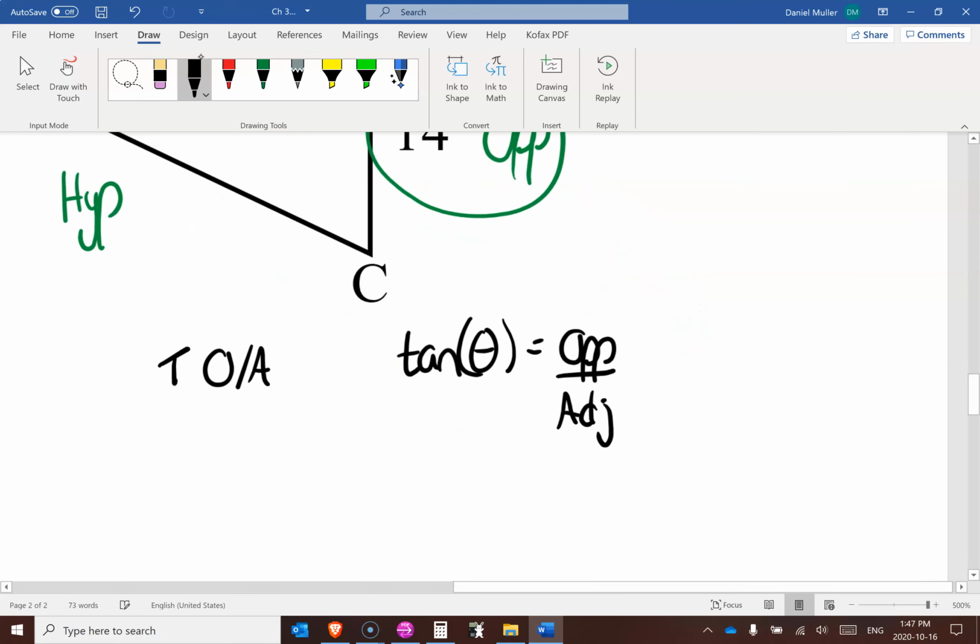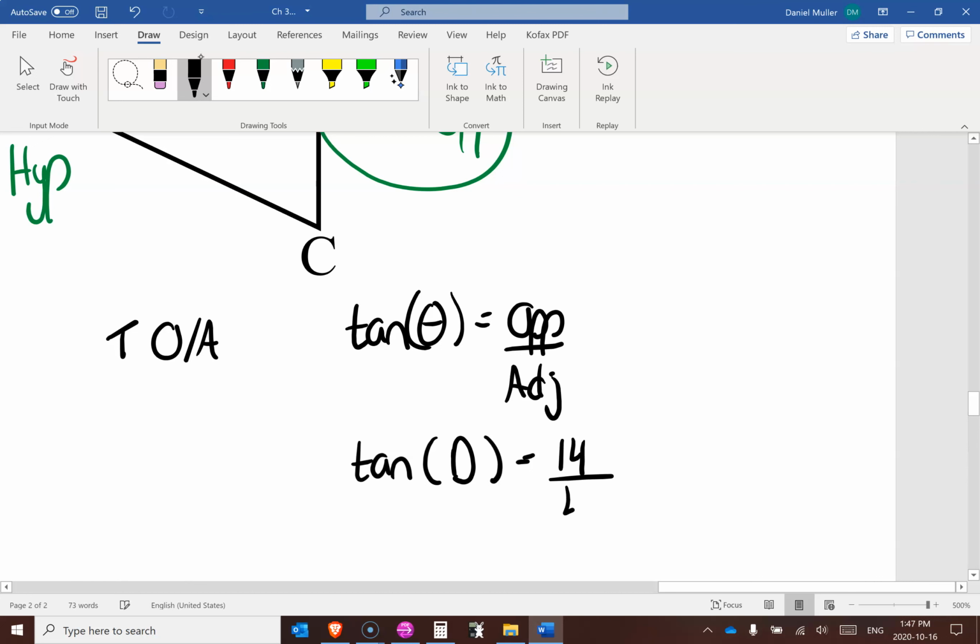Okay, so tan of the angle. What is the angle? Of course, it's D. Opposite was 14 over adjacent was 42. Now this looks strange, 14 over 42. However, I do know that 14 over 42 can be reduced. Just like that one that was 15 over 25, sometimes it's helpful to reduce these things.